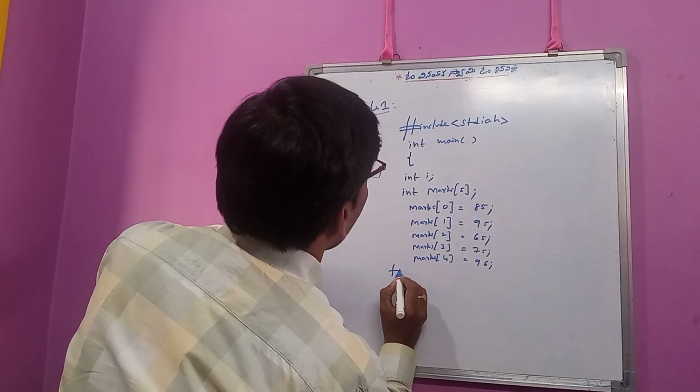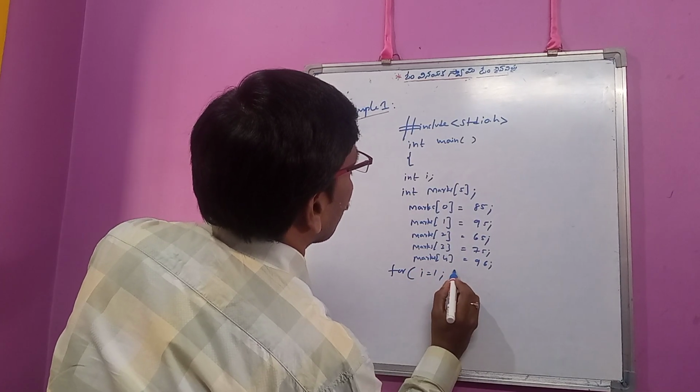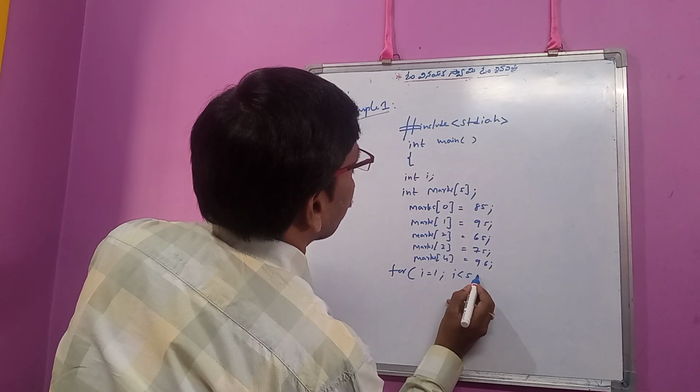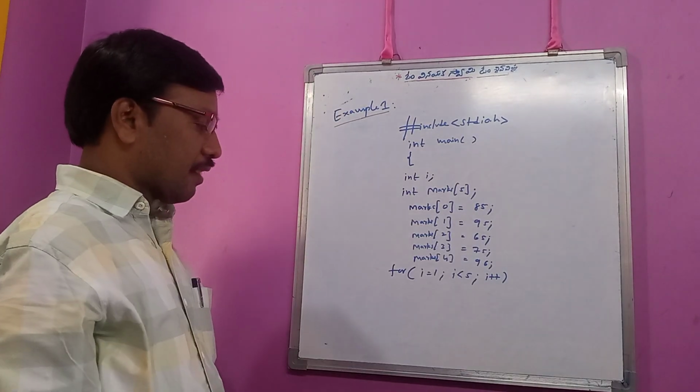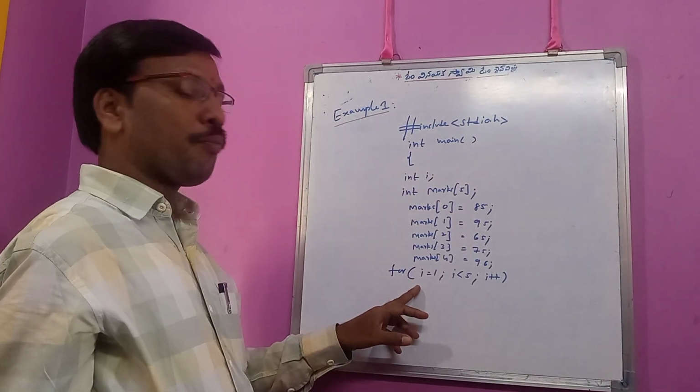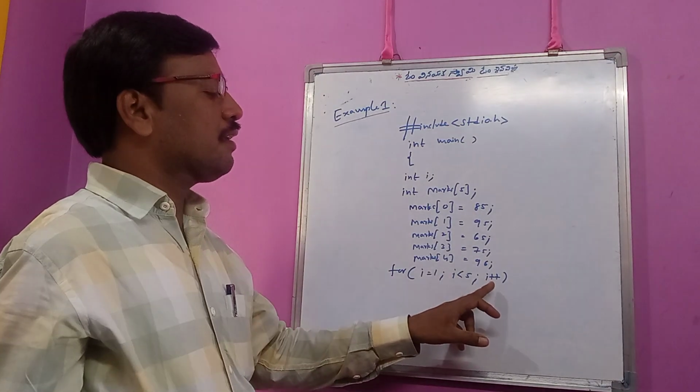Now for loop: i equal to 1 semicolon i less than 5 semicolon i plus plus. In the for loop, three operations are performed: initialization, condition, incrementer.